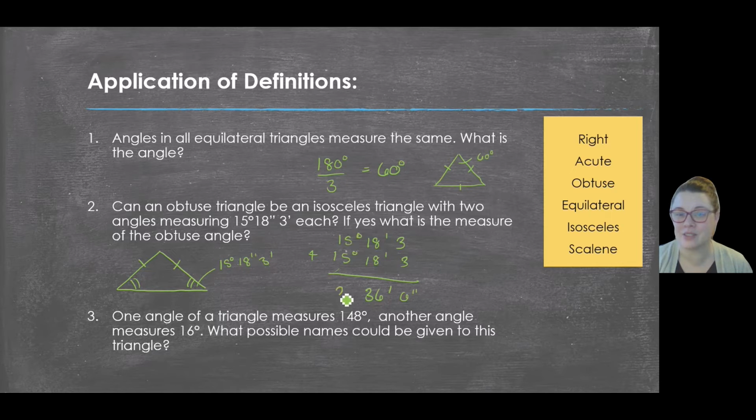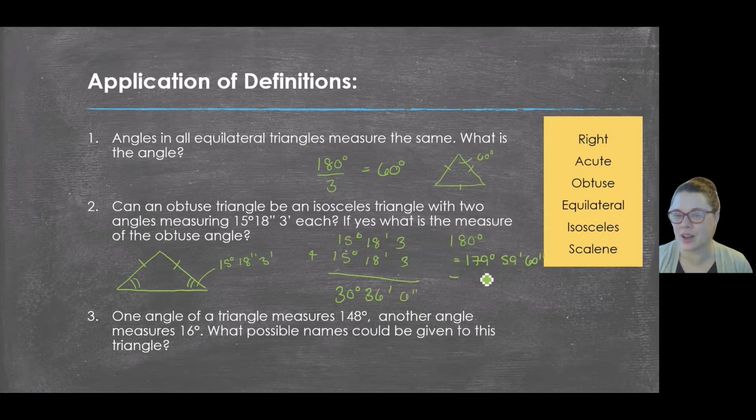And 15 and 15 is 30. Now I take 180 degrees. I can't just subtract degrees, minutes, and seconds, so let's switch it. This 180 degrees is equal to 179 degrees, 59 minutes and 60 seconds.